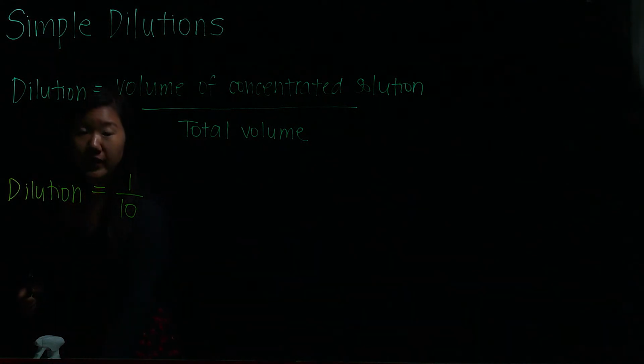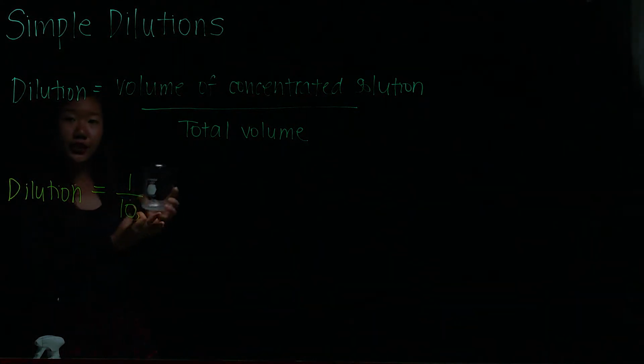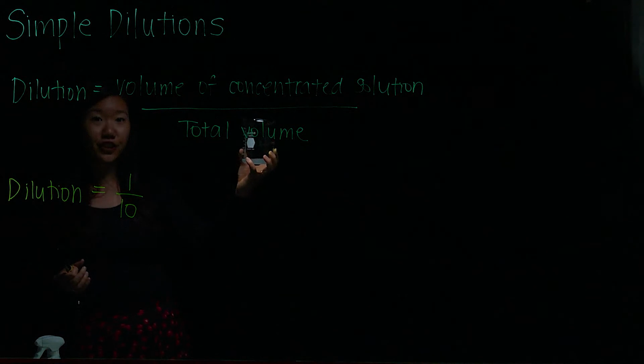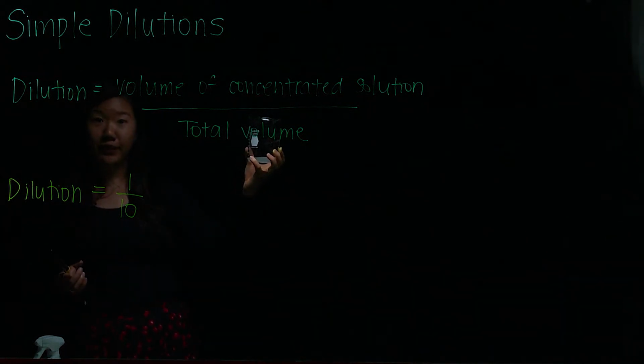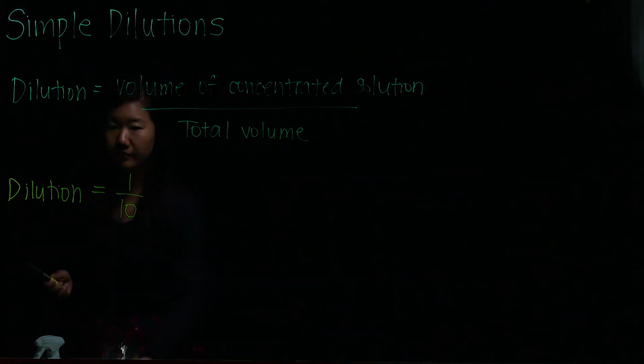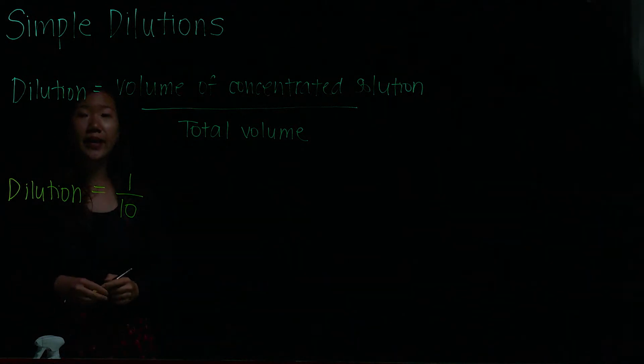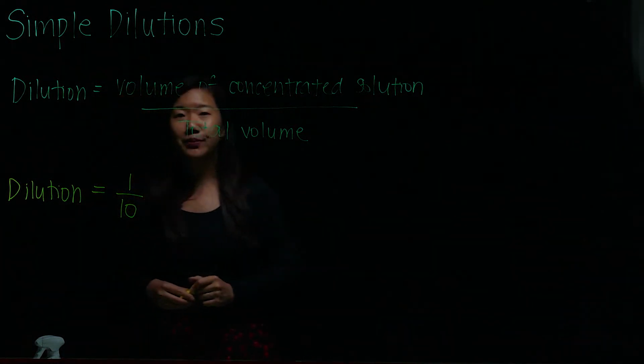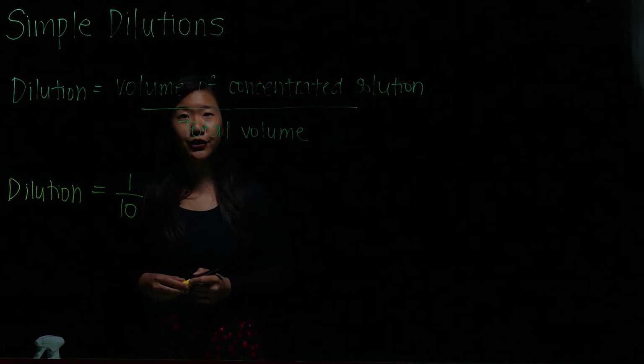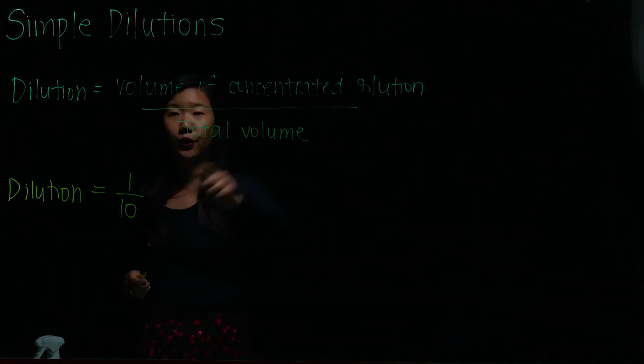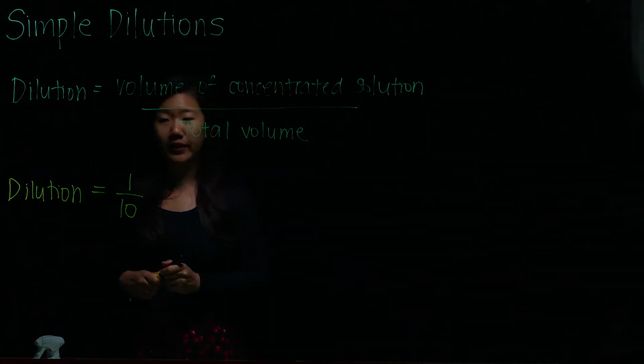Let's say we wanted to make a dilution of bleach in 500 milliliters total volume. So again, we're going to be making a 1/10 dilution of bleach in a total volume of 500 milliliters.